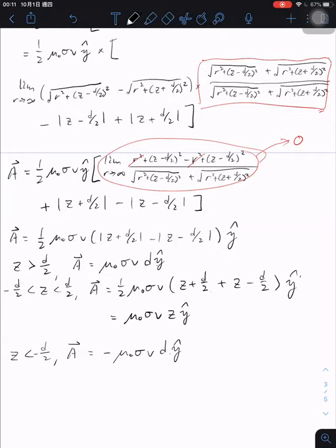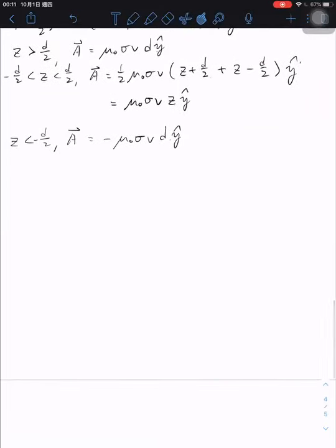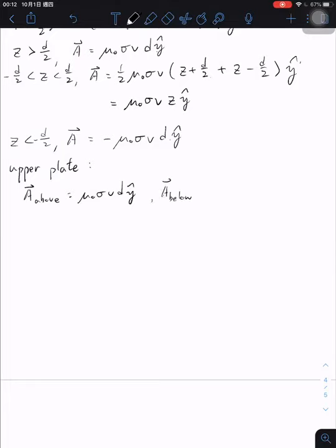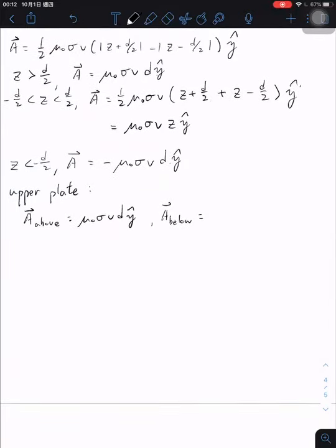Okay. So for the first boundary condition, we now have two surfaces here. For the upper plane, the vector potential above is a constant, so we just copy it. But for below, we can substitute z equals d over 2.